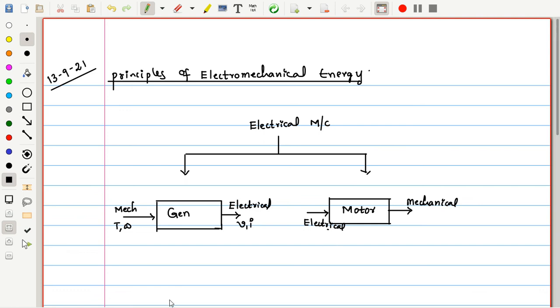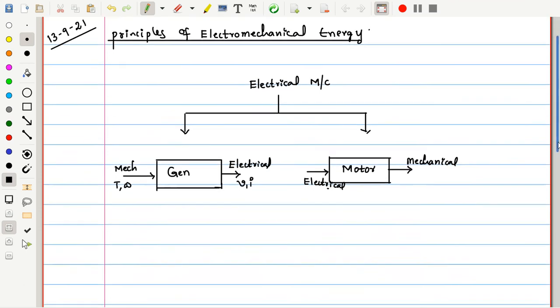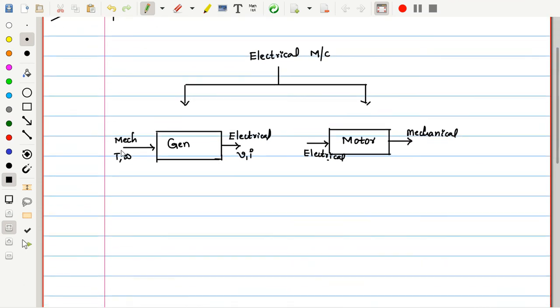And here, if we see this energy transformation, from mechanical domain to electrical domain or electrical domain to mechanical domain by these two machines, generator and motor, it takes place through the intermediate domain, which we call the field domain or magnetic domain.